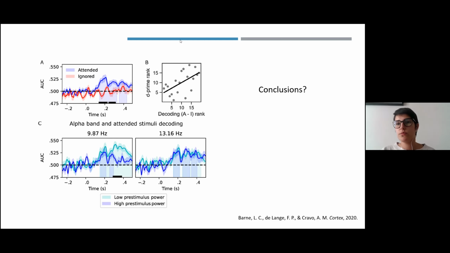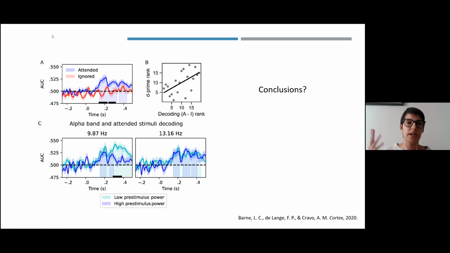And so for conclusions, we see that it's not only a bias. We see that prestimulus alpha power is changing the sensitivity, how well those stimuli are processed, in the sense of how well it endures in the signal.